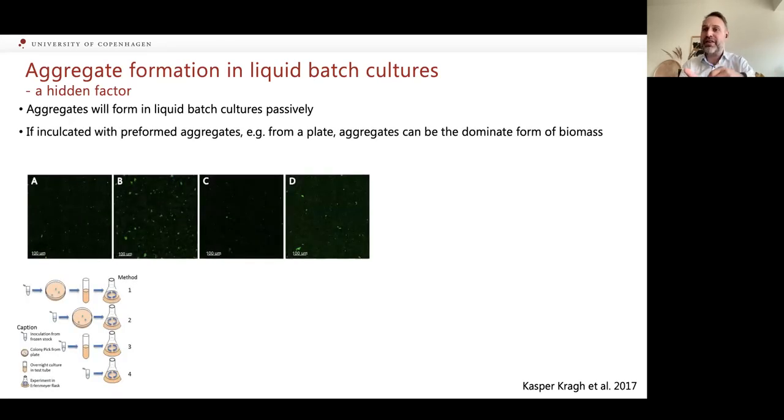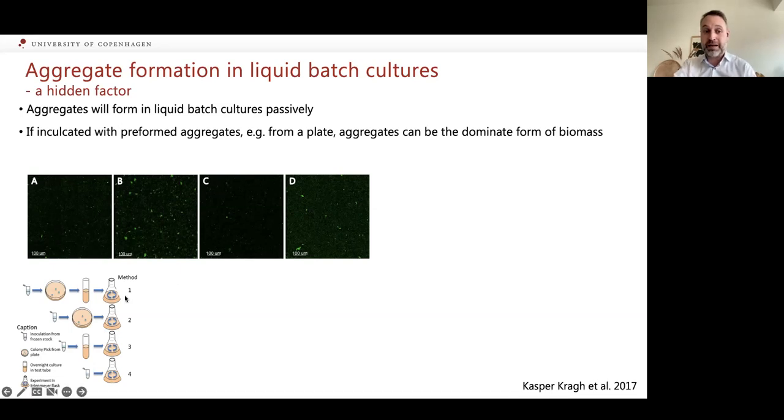One of the reasons why I started being really interested in these aggregates was that at some point we wanted to look into how much aggregation there is in liquid batch cultures. I think most microbiologists out there have probably seen aggregates forming in their liquid cultures and maybe not thought that much of it, but we investigated this, and what we found was that the method you inoculated your liquid culture with could produce a lot of aggregation in a batch culture.